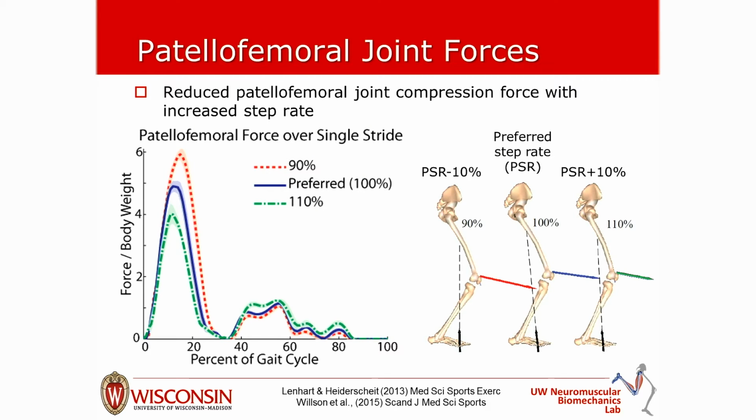When we modeled this to look at the patellofemoral joint forces, again, what we found is that the patellofemoral joint forces decreased approximately 14% when you increase the step rate by 10%. So the joint reaction forces between the patella and the underlying femur are positively affected by this change in step rate.